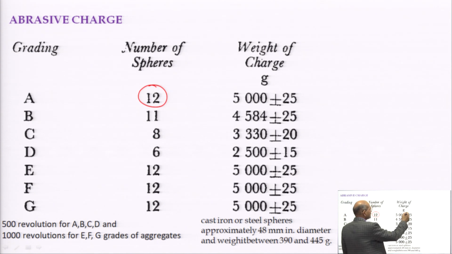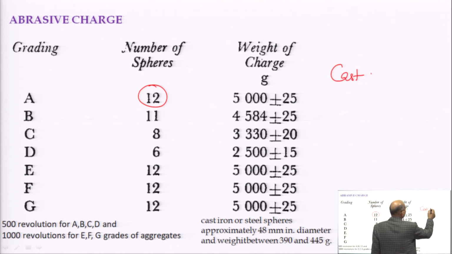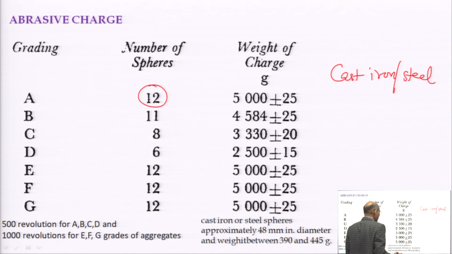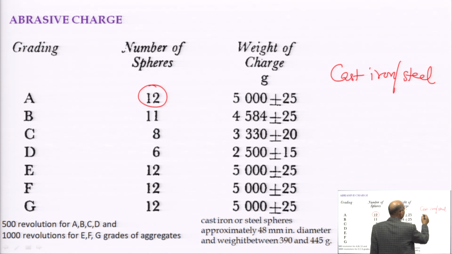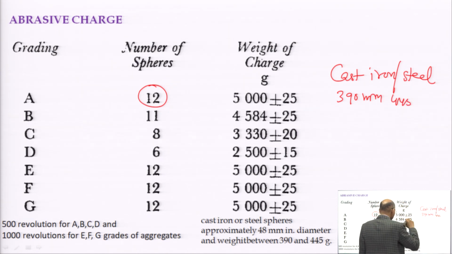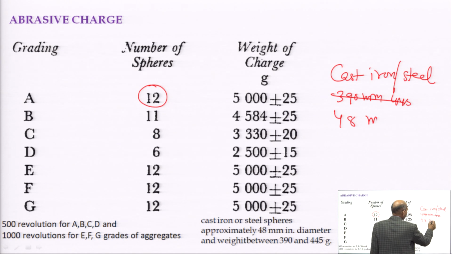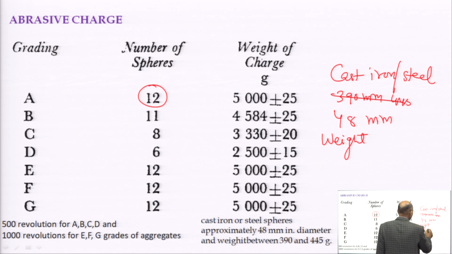A sphere is made of cast iron or steel, and its diameter is about 48 mm, and its weight varies from 390 gram to 445 gram.